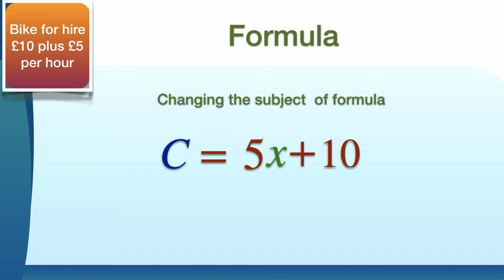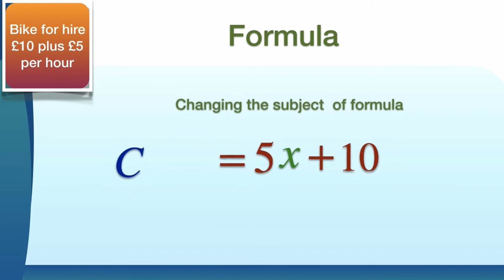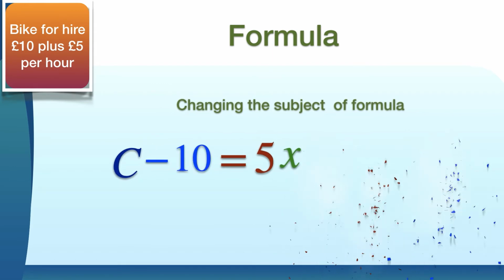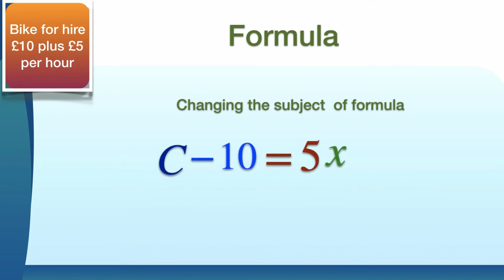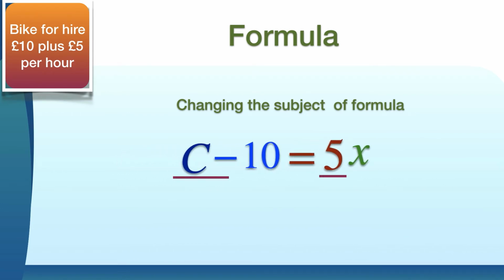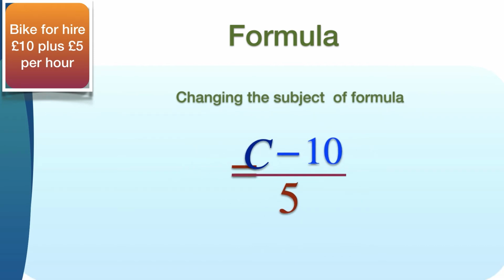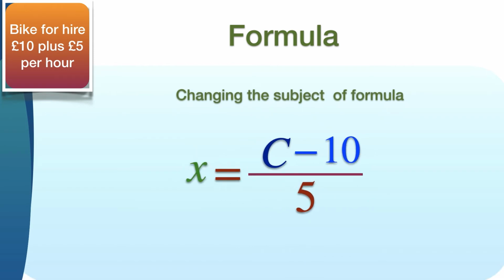In order to change the subject of the formula, we must always balance the quantities on both sides of the equation. We start by subtracting 10 from both sides of the equal sign. This gives us C minus 10 equals 5x. Now we divide by 5 on both sides of the equation to give x equals C minus 10 over 5. We have now made x the subject of the formula successfully.